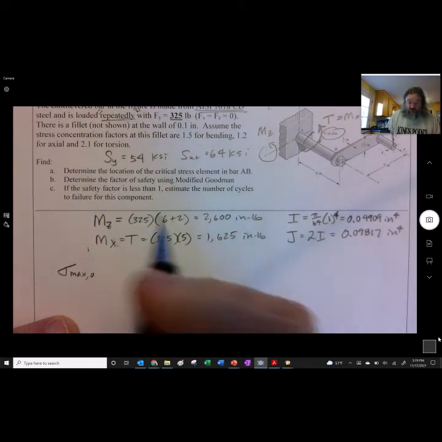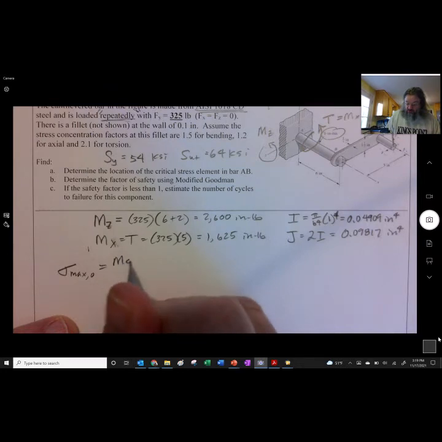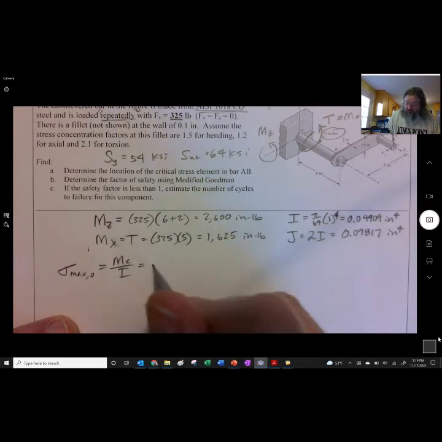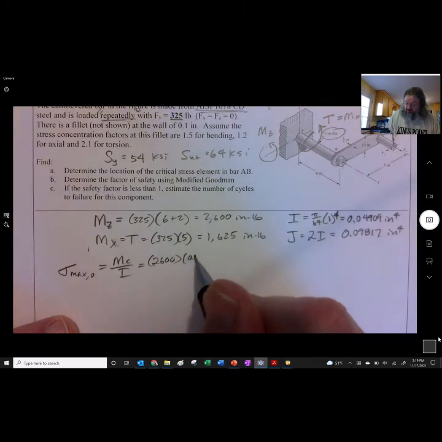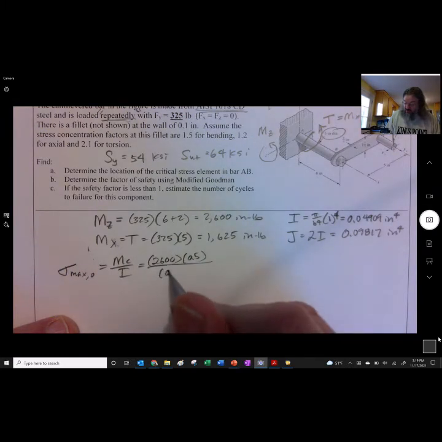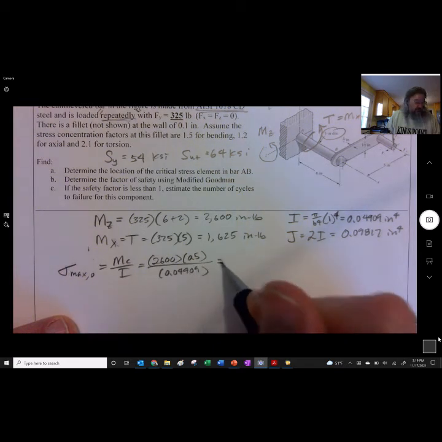So we can get a maximum nominal with our MC over I, or the 2600 times the C, 0.5, over I, 0.04909.